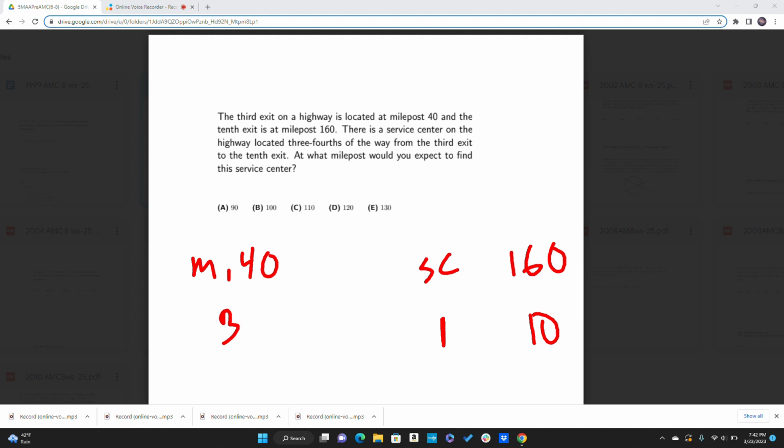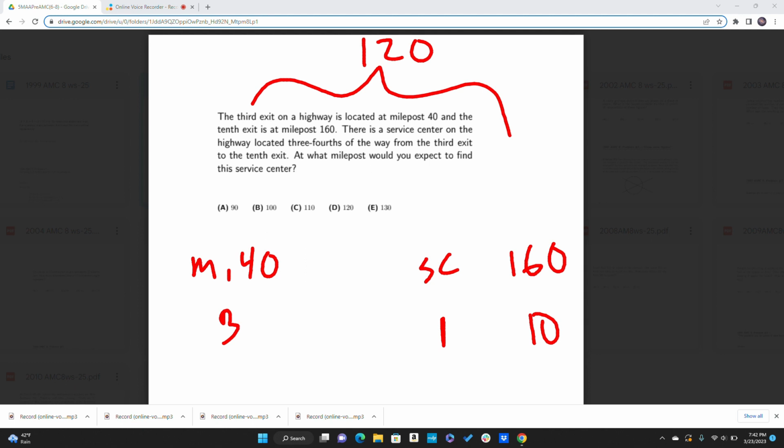Okay, so let's think about that. So we want 3/4 of the way between 3 and 10, or between 40 and 160. So between 40 and 160, we've got 120, right? 160 minus 40, that's a distance of 120 between those two. Okay, well, what's 3/4 of that?